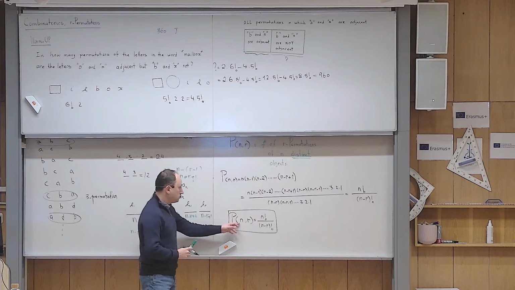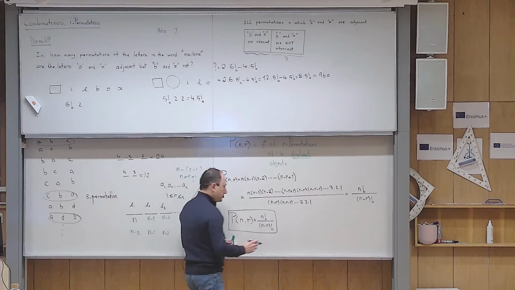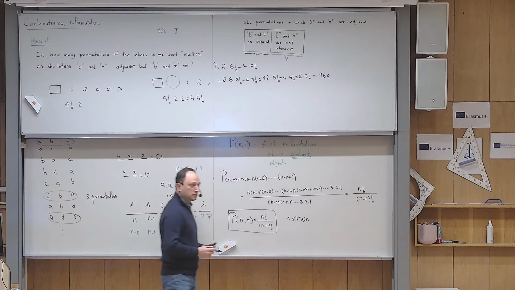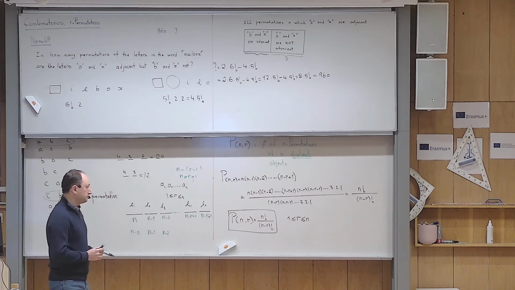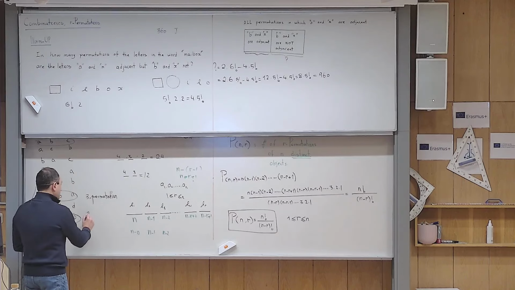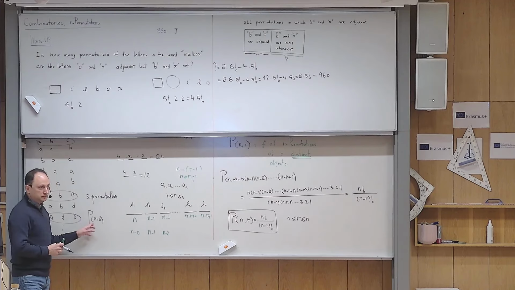Of course, this symbol only makes sense if what happens? If r is between 1 and n. Yes? I hope that you agree with me that this symbol is not meaningful.